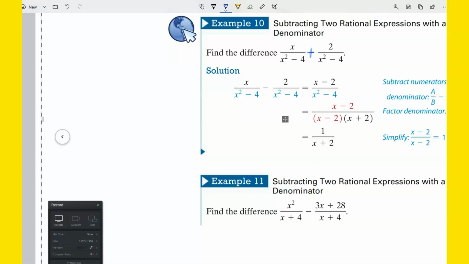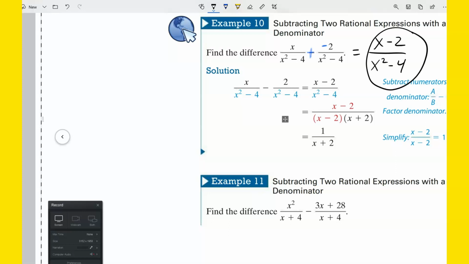So in other words, anything in the numerator up here will change signs. So that 2 will become a negative 2. And now you can do it just like adding, just like you did when it was adding. So we just combine like terms on top. X plus negative 2, they're not like terms, so I just write them beside each other. So my answer is x minus 2 over x squared minus 4.